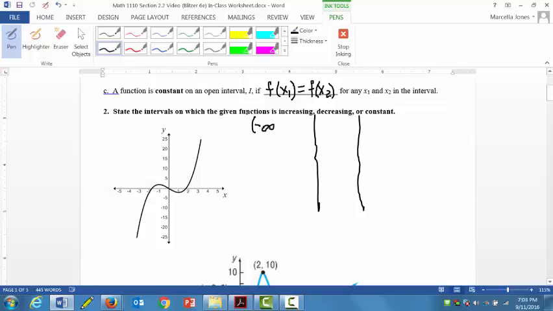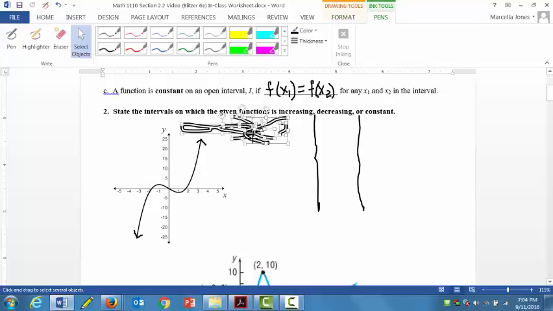So notice from negative infinity to negative 1, and technically this graph is increasing indefinitely on the left end and the right end. So from negative infinity to negative 1, the function increases. We see that if we were moving from left to right, we're going uphill there.